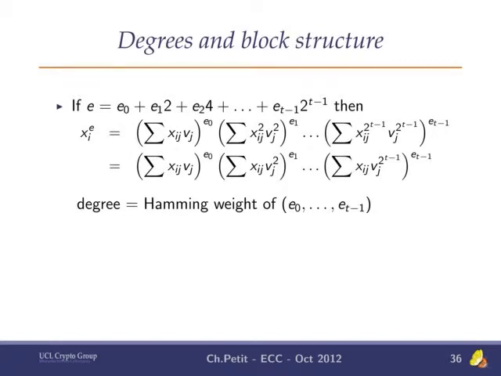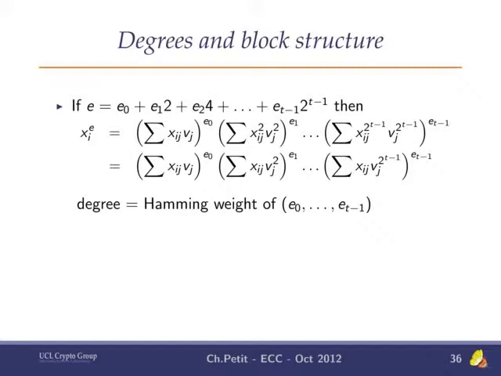So when we want to know the complexity of solving these systems, the first thing that we will be wondering is what are the degrees of those equations. Just to get the intuition, let's suppose that we apply a Weil descent to the monomial x_i to the e, where e is this number in binary.